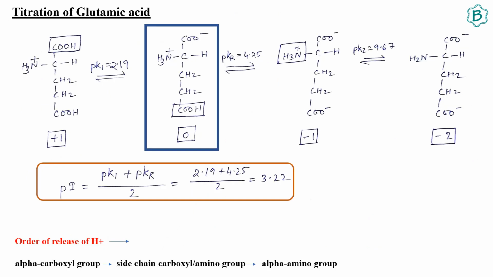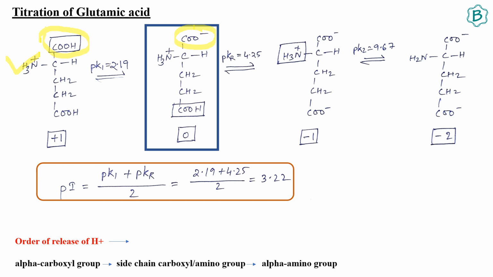Now, how will you measure the pI of an amino acid? Here I am showing titration of glutamic acid. At low pH, you can see the alpha carboxyl group is protonated, where the charge is +1 because only NH3+ is having a charge. Now, if you add a basic solution, this alpha carboxyl group will release a proton.